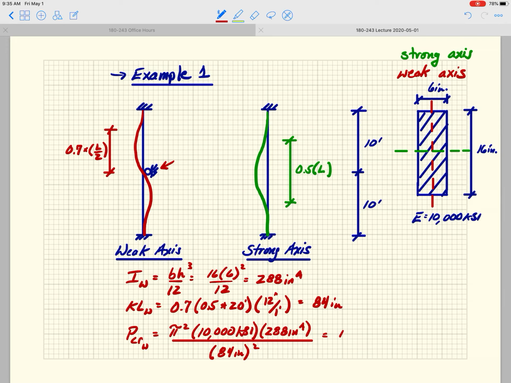Right? And when you work that out, you're going to get 4,028 kips. Something like that. Hopefully that makes some sort of sense, right?